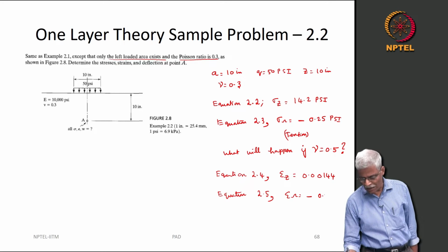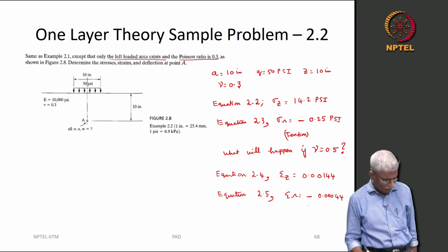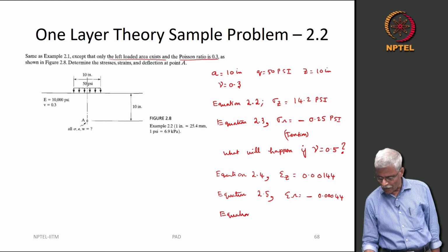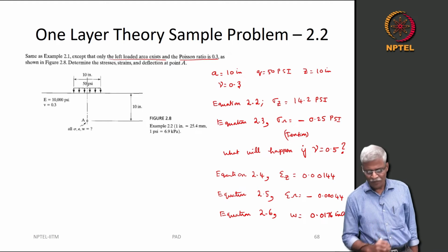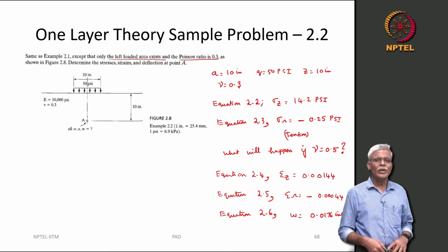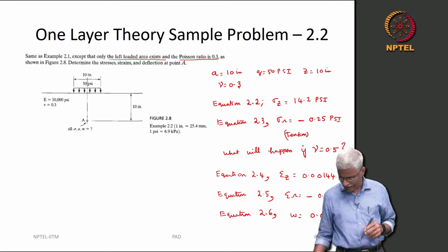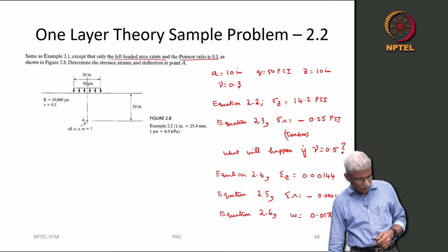So, what does that mean? If you get a negative value, think about it. And similarly, equation 2.6, you are going to get W is equal to 0.0176 inch. So, this is how you actually solve this particular problem. Okay, right. So, let us keep moving to the next one.